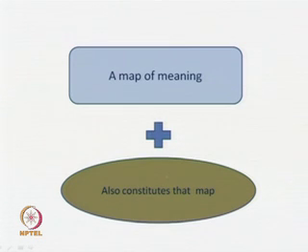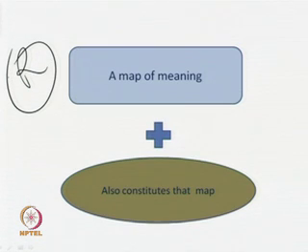Okay. Now, the important thing to understand here is that representation is not only a map of meaning. In this, we understood maps of meaning, what these mean in our lecture on ideology. They are like ideology, maps of meaning, but importantly, the representations also constitute that map. Okay.